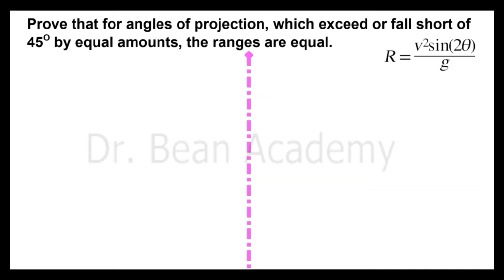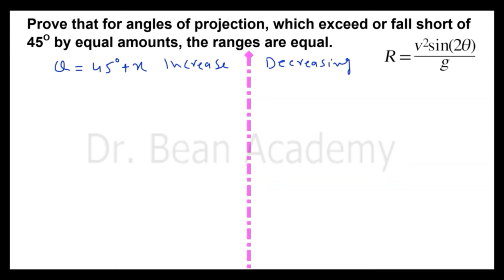So I have divided my screen into two sections. I will do the increase related calculations here and decreasing angle related calculations in this section. So we know that in the increasing section we can replace theta with 45 degrees plus x.